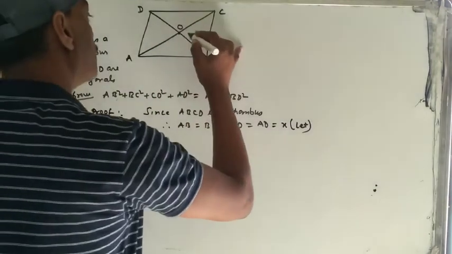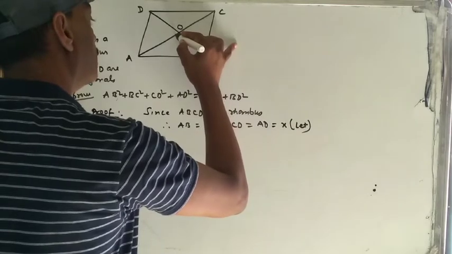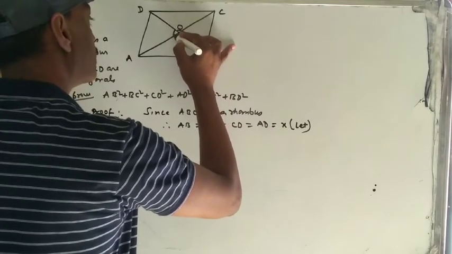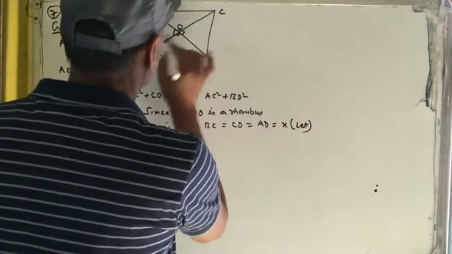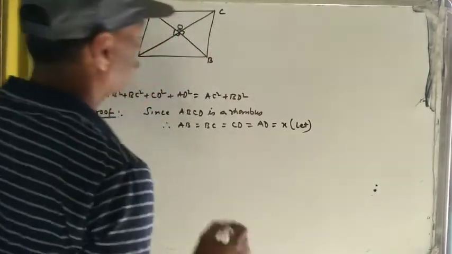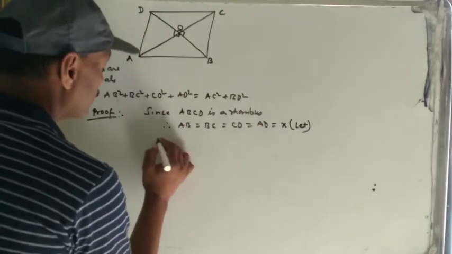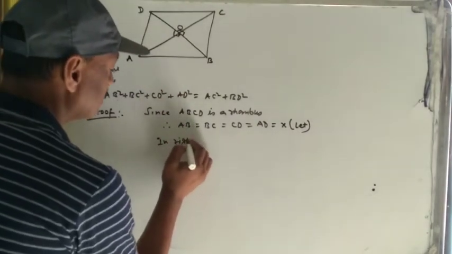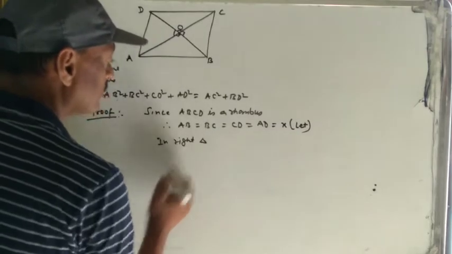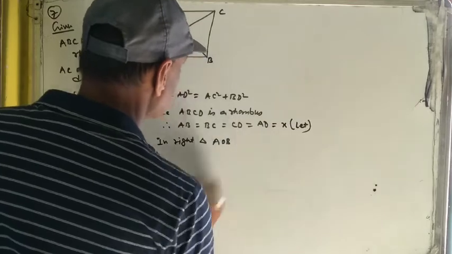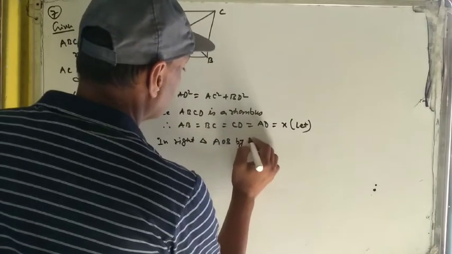This is also a property: the diagonals of a rhombus bisect each other at right angles. So here is a right angle triangle. Now we are taking this triangle. Just write in right triangle AOB, by Pythagoras theorem.